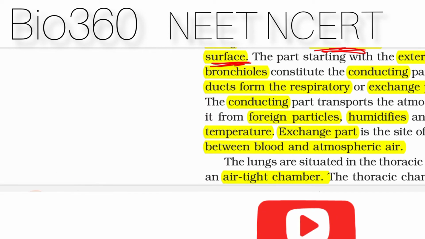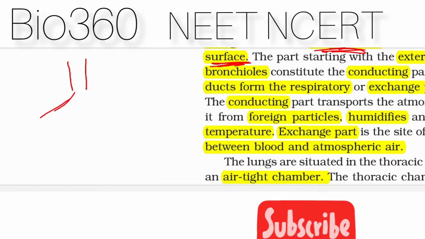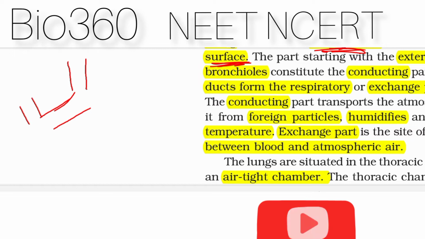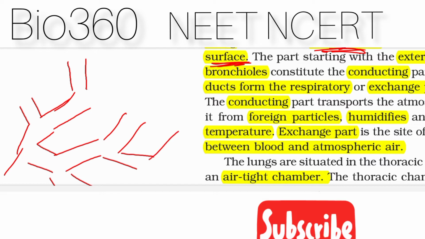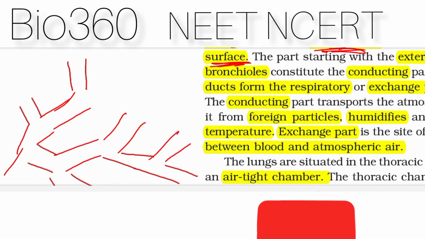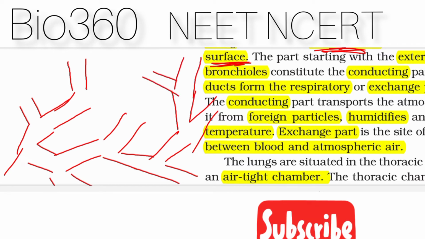You can watch over here. It is the trachea. It is the primary bronchi, and then later it is the secondary bronchi, then later tertiary bronchi, then primary bronchiole, then secondary bronchiole, then tertiary bronchiole, then terminal bronchiole, then later it gives rise to alveoli.